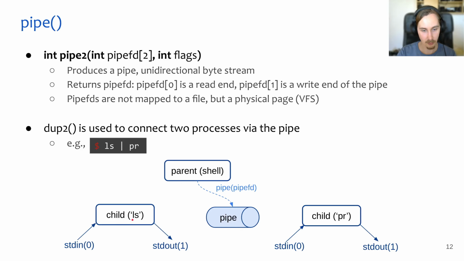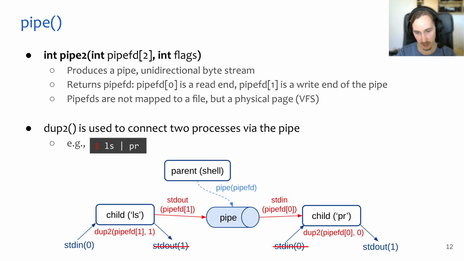And then the parent has to redirect the standard out of the ls to the input of the pipe. And that's where we use the dup, duplicating the file descriptor table entry of the pipe's input to the file descriptor that used to be the standard out. And so this way we replace the standard out that is behind the file descriptor 1 with the input of the pipe.